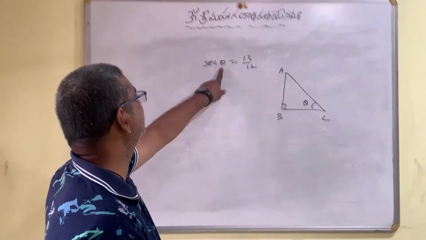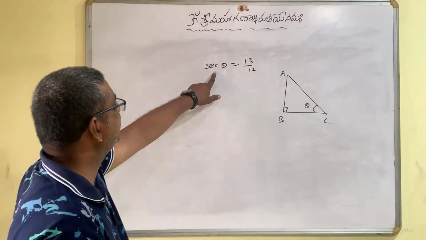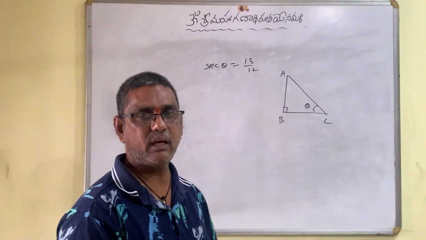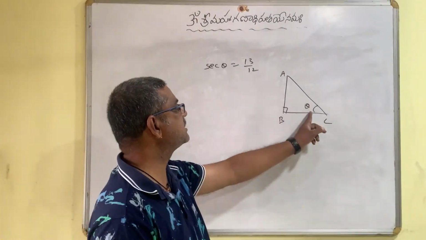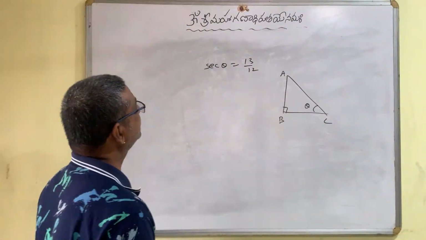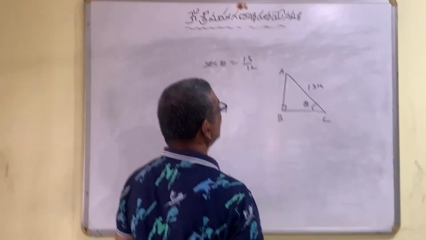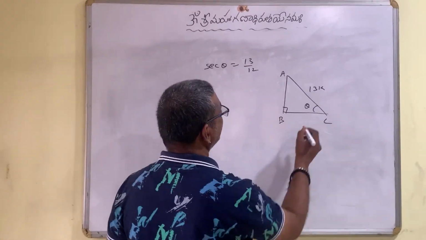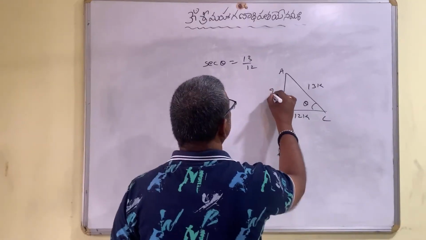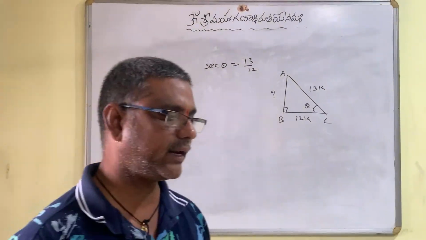Here he mentioned secant theta, that's why we need to take it as theta. Secant theta is given as 13 by 12, so secant theta is the hypotenuse by the side adjacent to theta. Find out this and write all the 5 trigonometric ratios.